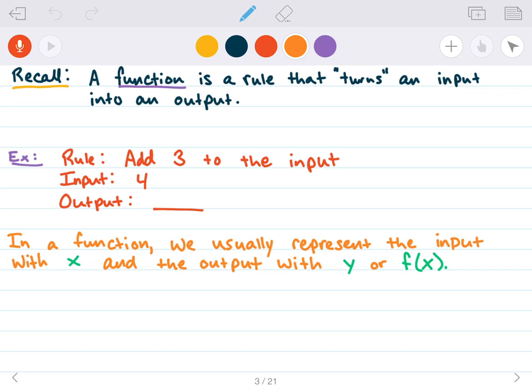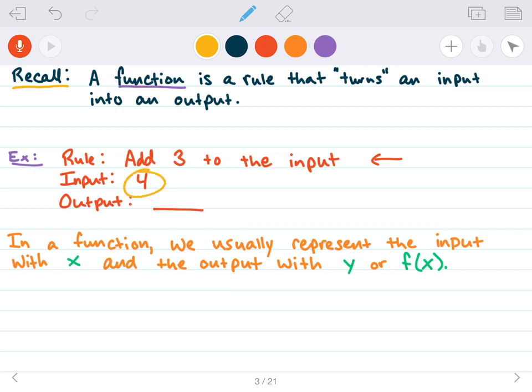So we are going to look at functions in terms of inputs, outputs, numbers, and rules, okay? So instead of having something concrete like the 3D printed house, we're going to talk about just rules that we do with numbers, okay? So for example, let's say I have this rule that says add 3 to the input, okay? And let's say that we feed this function an input of 4.